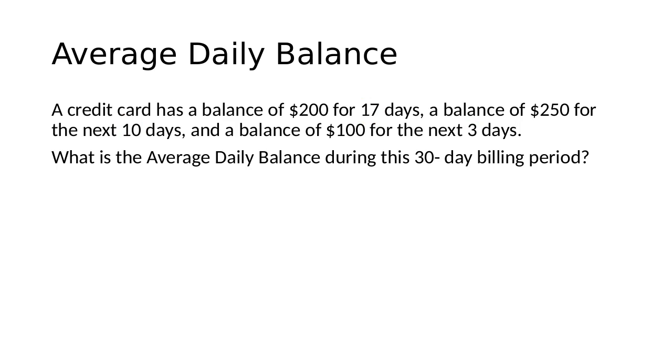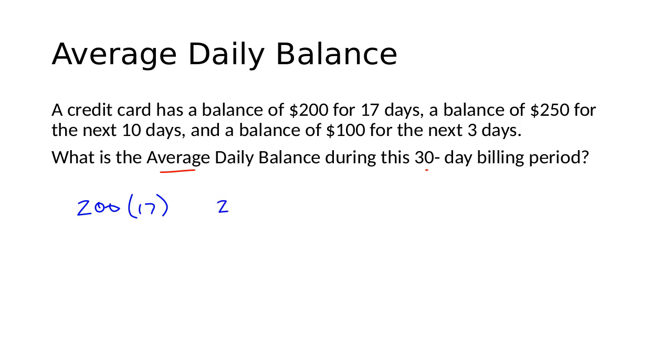And what we need to do is make sure that that $200 is counted for 17 days, the $250 is counted for 10 days, and the $100 is counted for 3 days. And then the whole thing is divided by 30 because we are looking for an average over the course of those 30 days. And here's how we set that up. We start out by saying, well, it was $200 for 17 days, so we'll multiply those together.